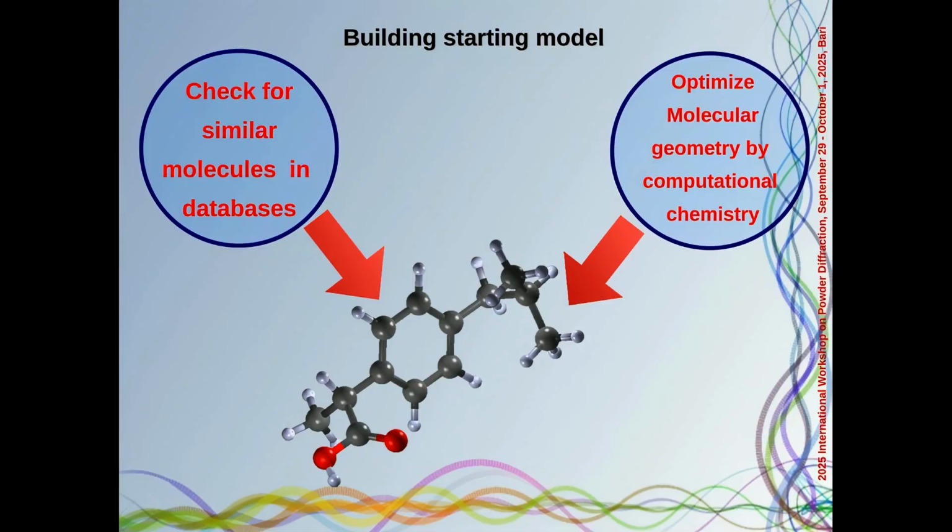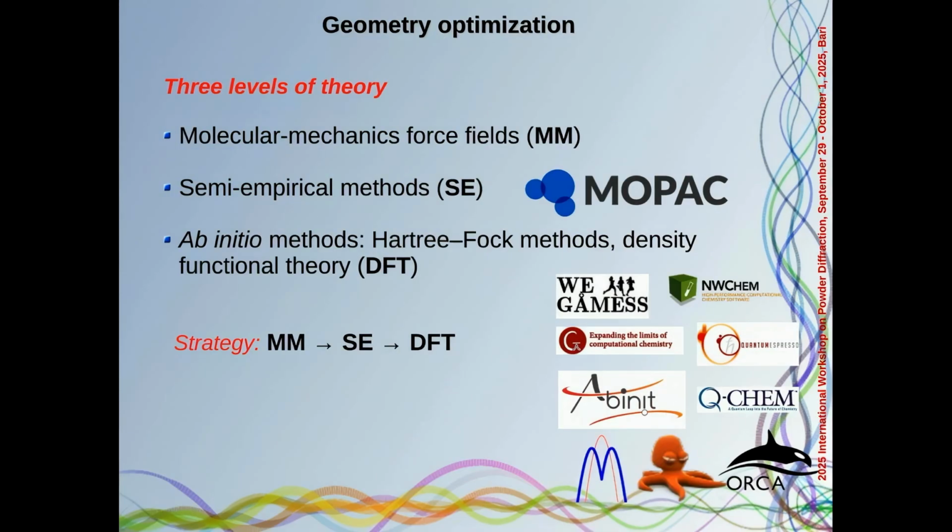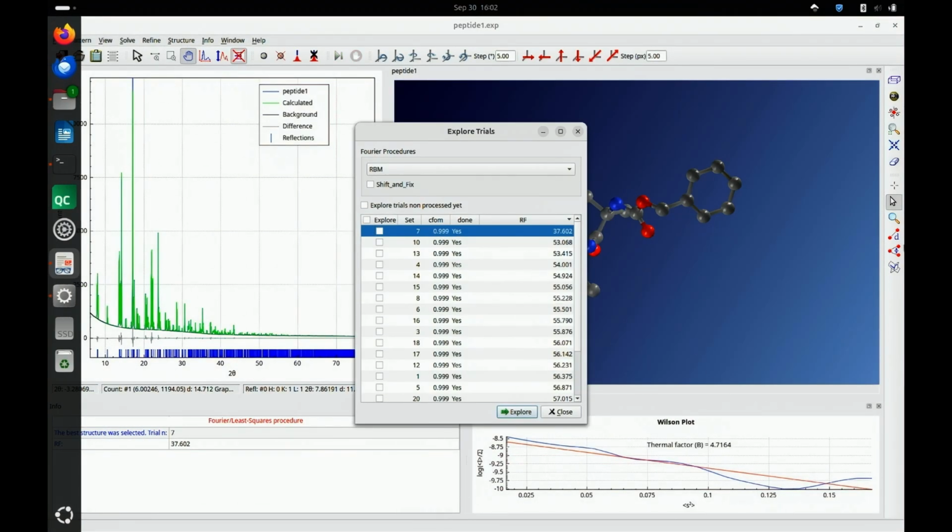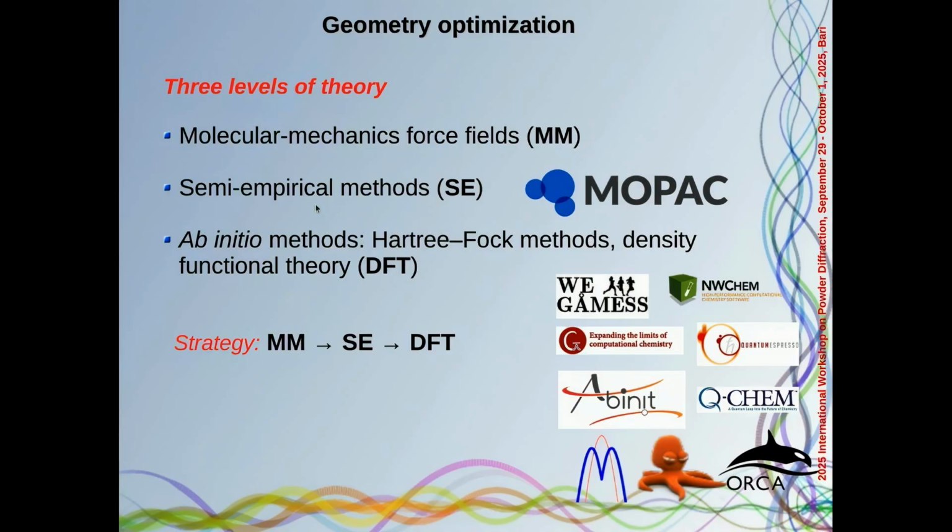The second approach, which sometimes can be combined with the use of databases, is to optimize the molecular geometry using computational chemistry. There are three different levels of theory that you can use for geometry optimization. You can use a molecular force field, which is very fast and sometimes accurate, in particular for organic molecules. Then you have semi-empirical methods, which are slower than force fields but faster than other methods, for example self-consistent methods or DFT methods.